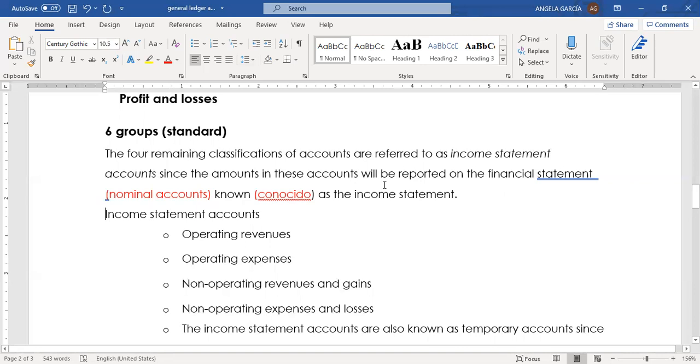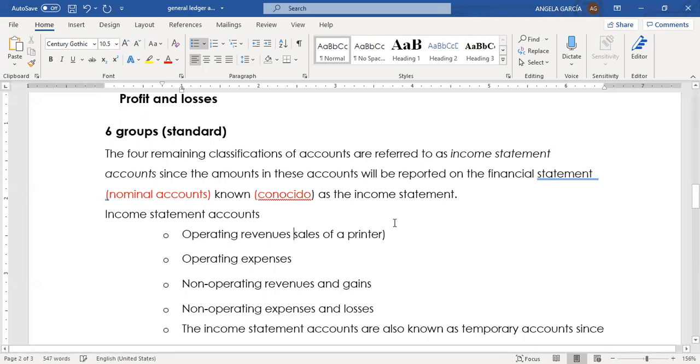But remember, you can have more than that. So we have operating revenues, for example, for a company that is selling laptops, printers and things like that. So it could be operating revenues like the sales of a printer.